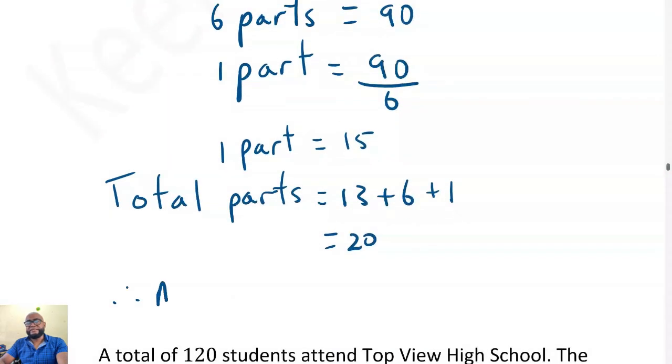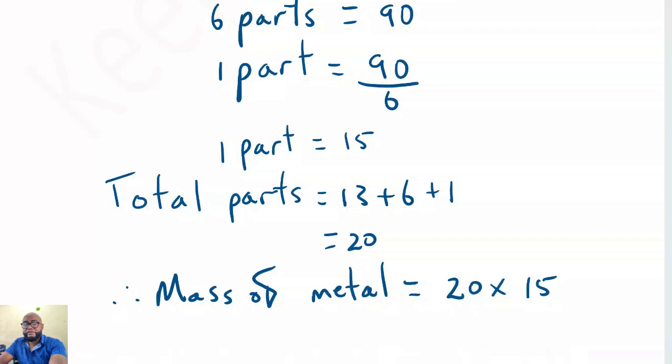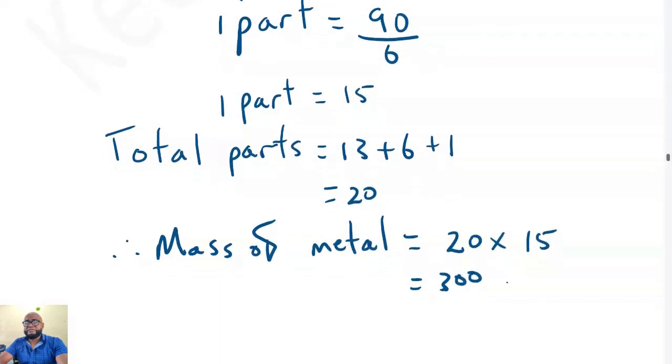The mass of the metal. Mass of the metal will be the 20 multiplied by how much is 1 part, which will give me 300. 300 what? Kilograms. The mass you're working with.